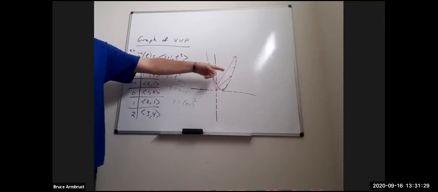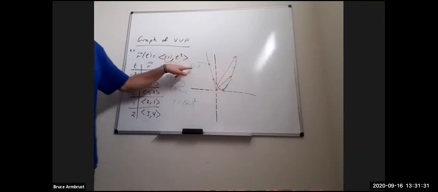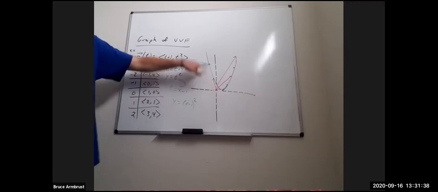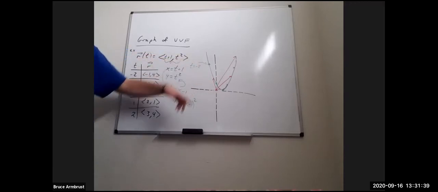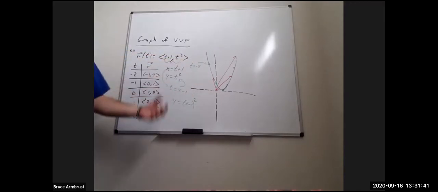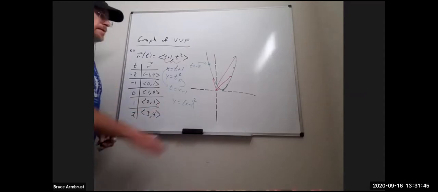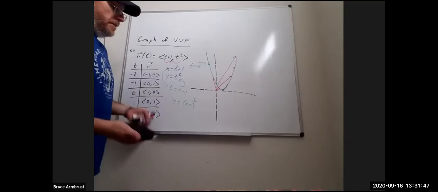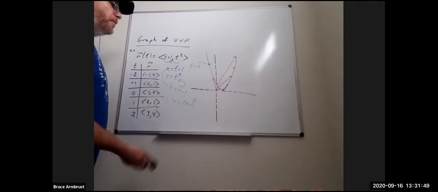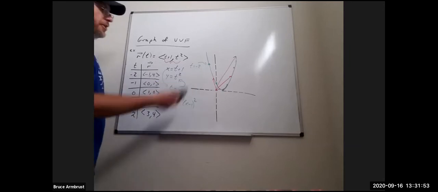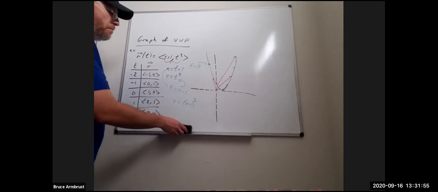You still might write t equals minus 2, but that just tells you that the vector, when we're at minus 2, that's where we want to head. Okay, so there's just a little bit of an extension over parametric graphs. Okay, well, cool. When in doubt, just graph the parametrics and you're good to go.